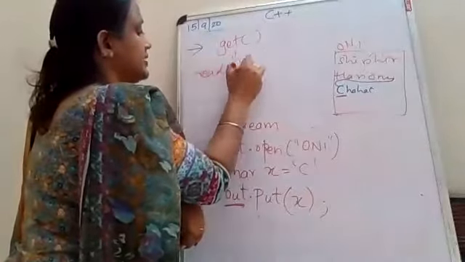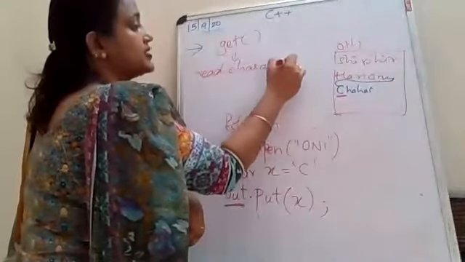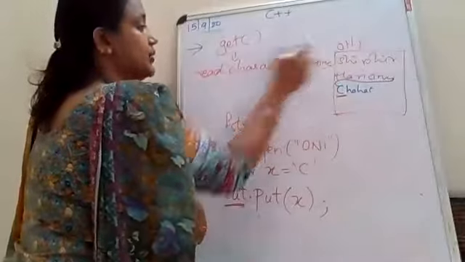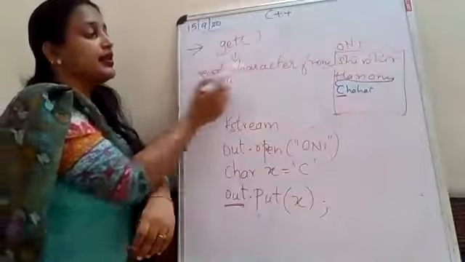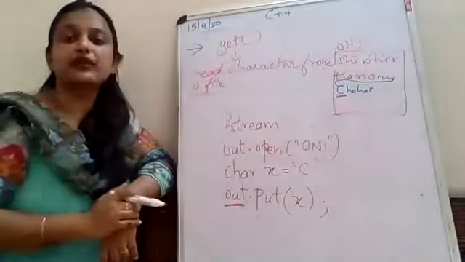I will go with the bookish language only so that it's easy for you to remember and study, as given in the notes. Get is used to read a character from a file.